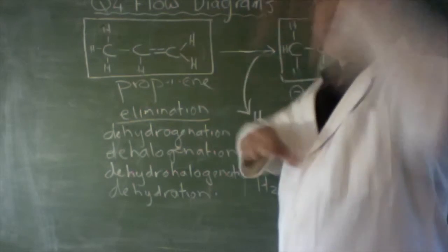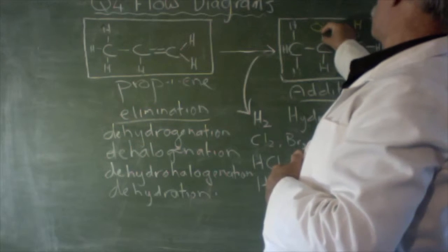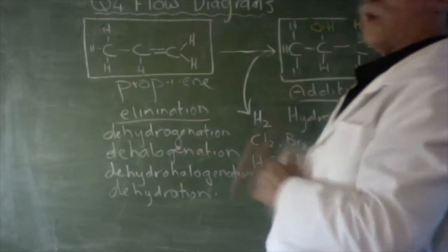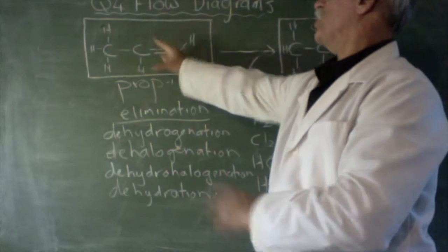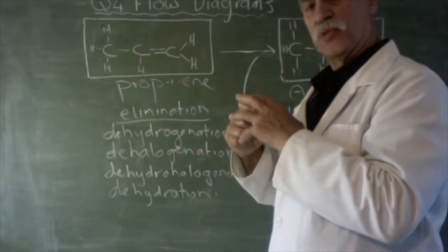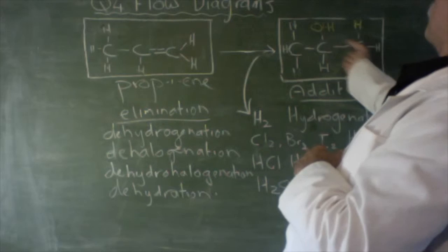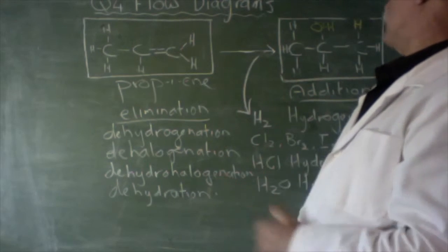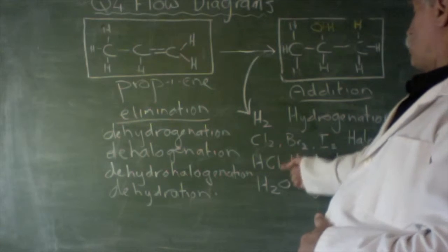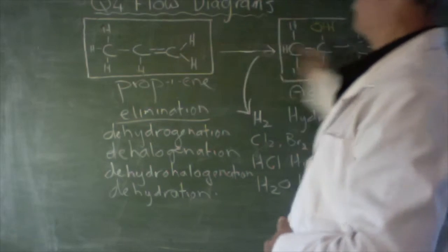For the double bonds and the single bonds, the electrons want to get as far away from each other as possible. So going from this double-bonded state, where the electrons are forced into close proximity, to this single-bonded saturated state is normally fairly easy. You just have to add those and it'll go from that to that.